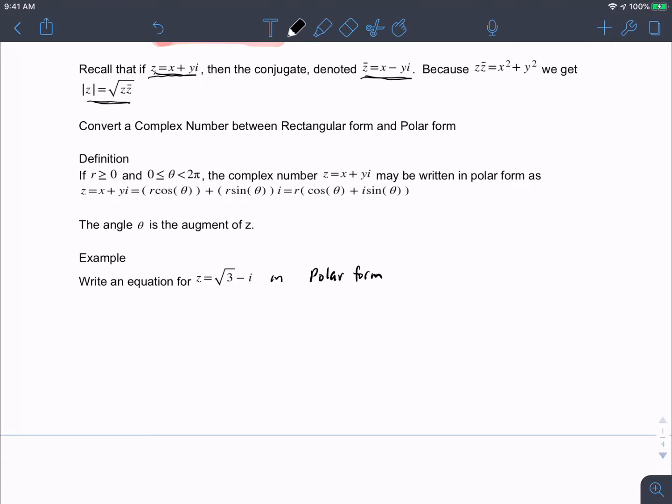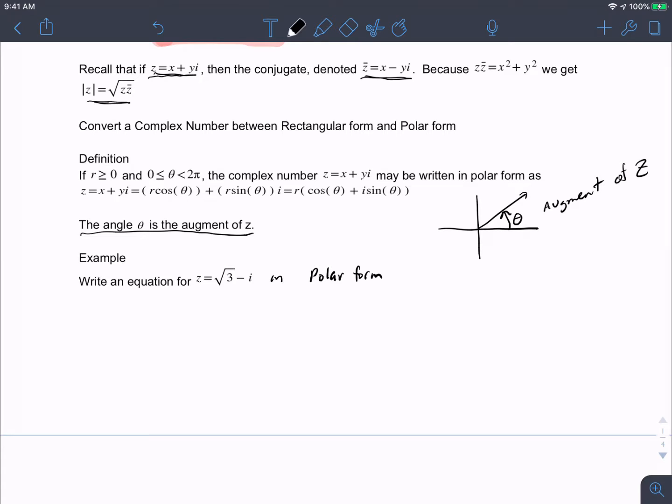Real quick, before I even do that though, I want to talk about the argument. And so the argument of z would be something like, if I plotted a point, let's say I went this way, this angle here is theta, that is the argument of z. So that angle is the argument of z. Something I wanted to let you know.